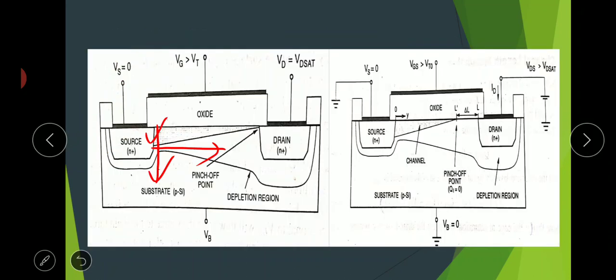Next, as we know, the channel length is L. So when y equal to L, that point is near the drain end and the drain terminal is set to a voltage, that is VDS. Because of that, we consider the channel voltage at y equal to L to be VDS.